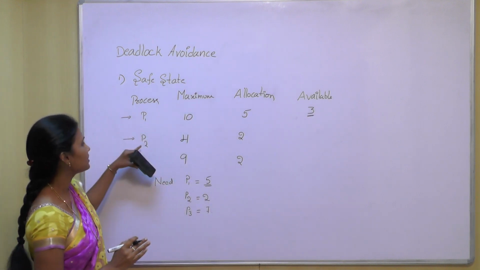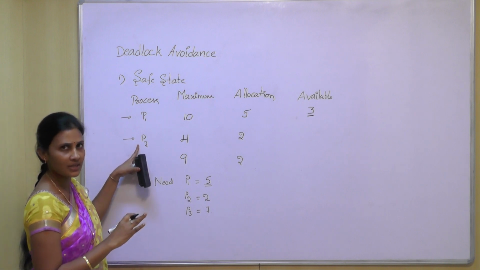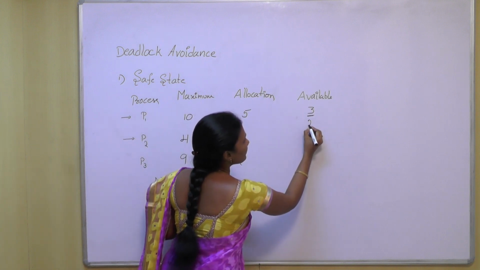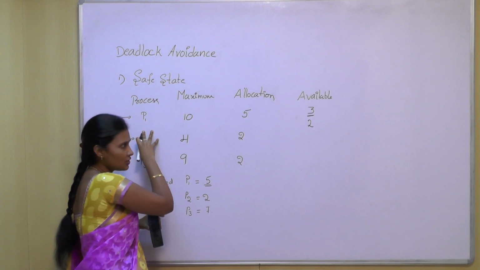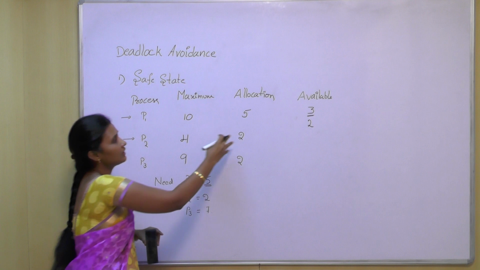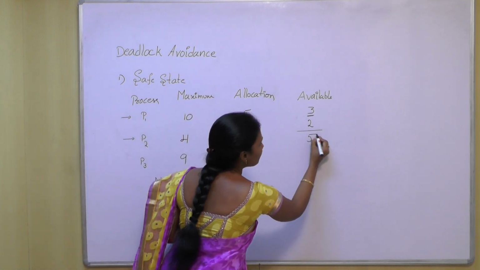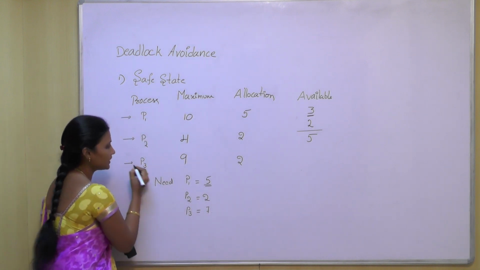Now process P2 finishes execution and returns its resources to the system. These resources are added to the available resources, so the available resources are now 5. Now we go to process P3.